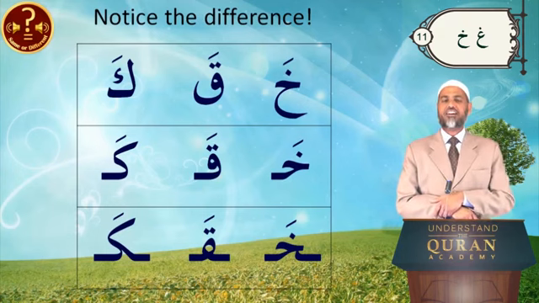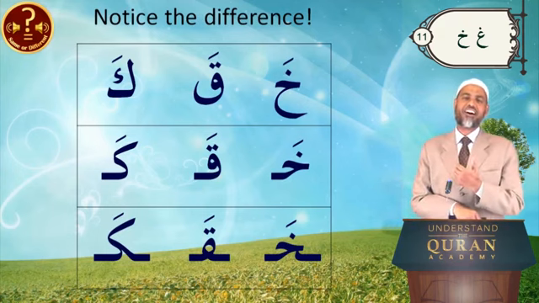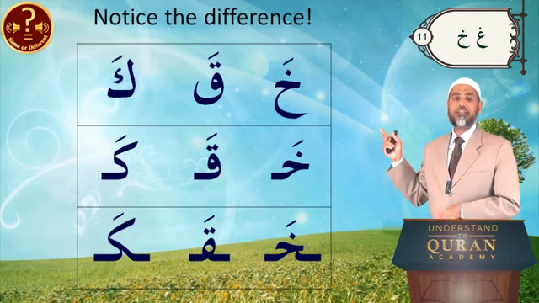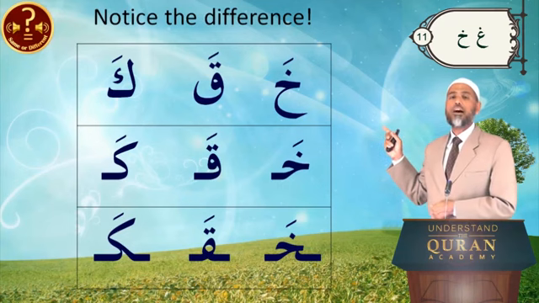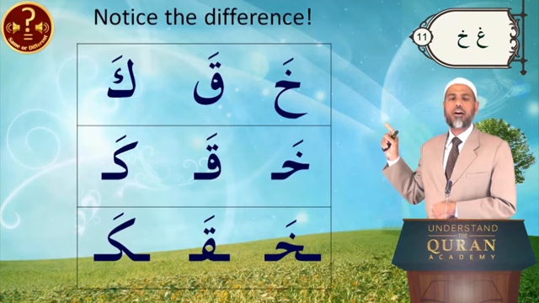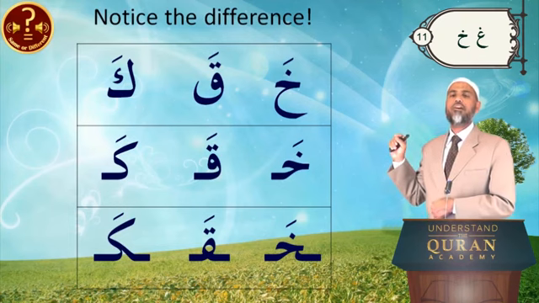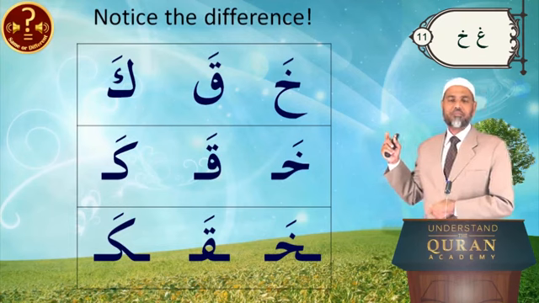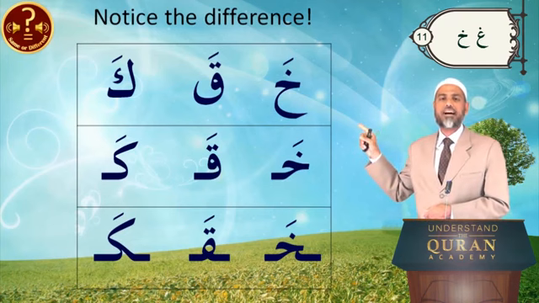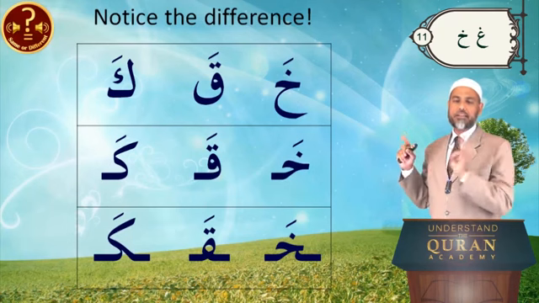For Qa, they say Kha. That's a cultural effect. Or people from North India, Pakistan, they say Qaf as Kaf. No, that is also not right. It is Qur'an, Qa, Qa, Qa. So Kha, Qa, and the last one is Ka. The three are completely different.